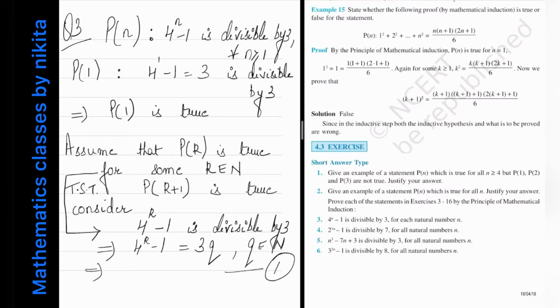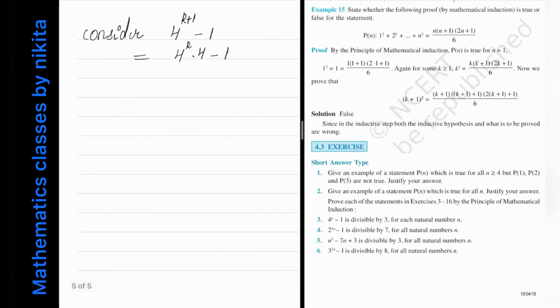So using 1, in place of 4 to the power k, I will write 3q plus 1, into 4 minus 1.